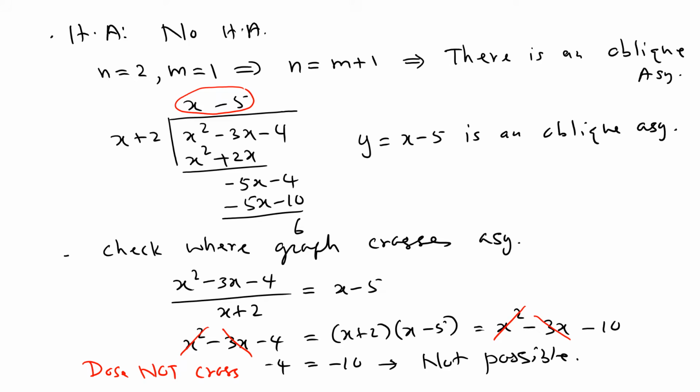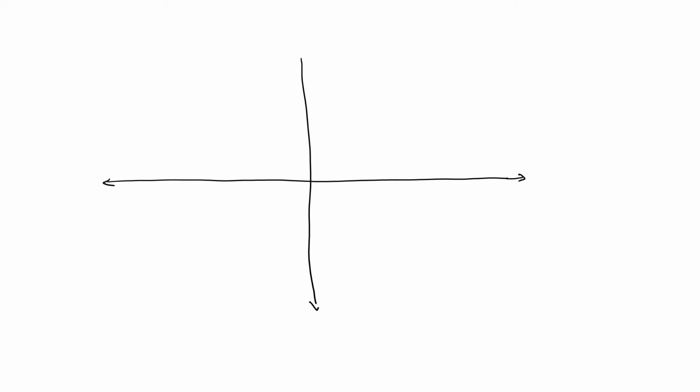Now we can graph the function using this information. We're going to draw the axes, the x-axis and then the y-axis. The next thing is we also graph the asymptote. The asymptote is y equals x minus 5, which has a slope of one and a y-intercept of negative 5. So you can draw it like this.